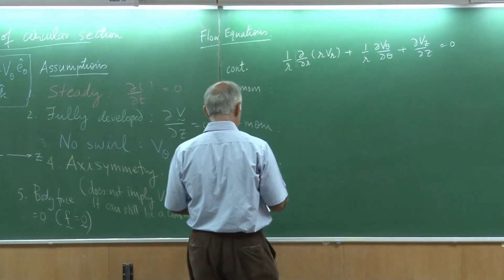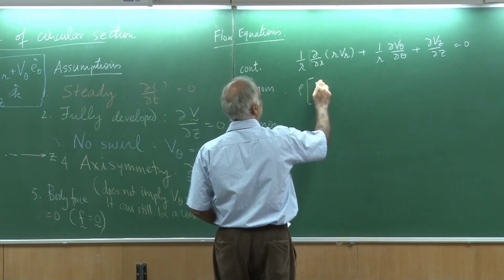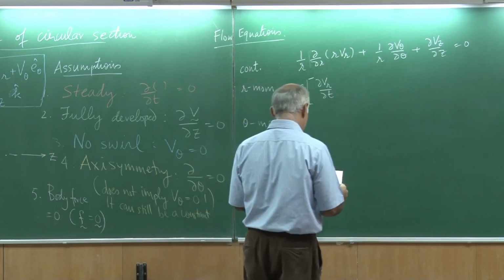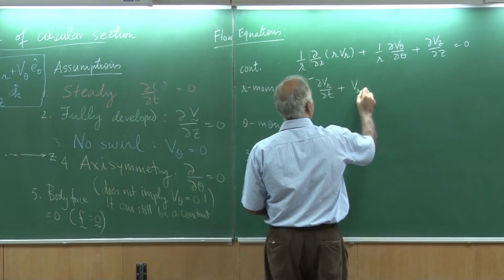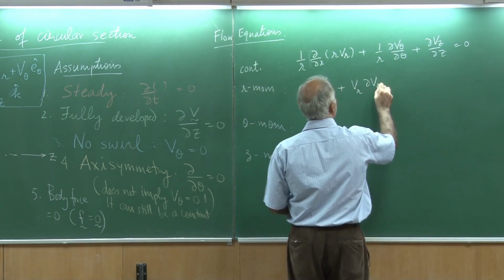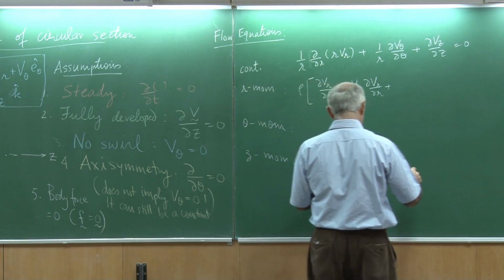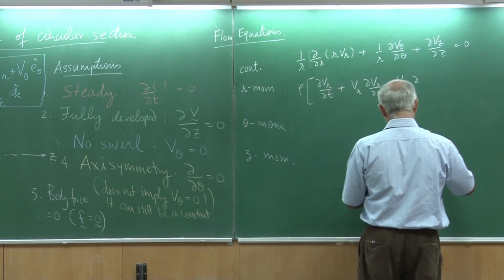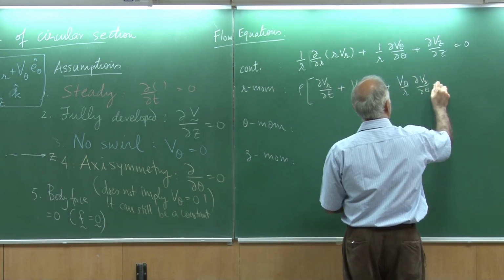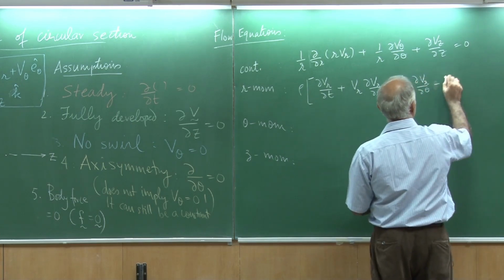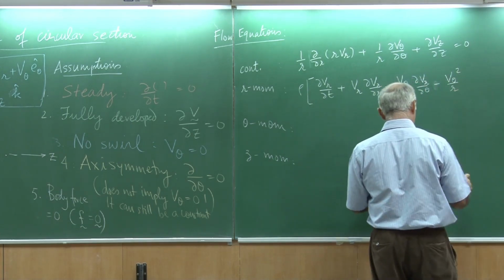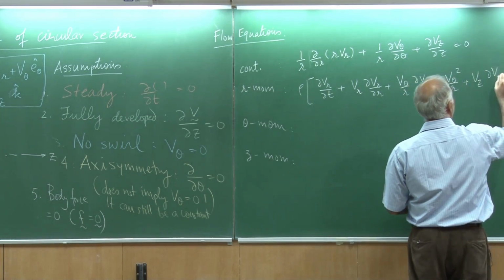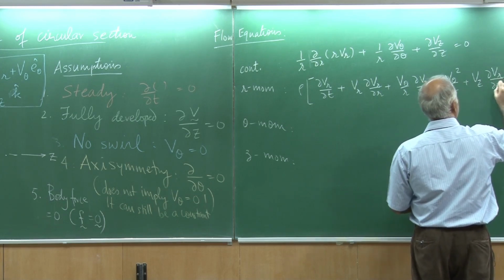For the r momentum equation, there is going to be first the unsteady term, so that would be del Vr by del t, and then the convection term. So I am going to write down those terms, Vr del Vr by del r plus v theta by r del Vr by del theta minus V theta square by r plus Vz del Vr by del z.